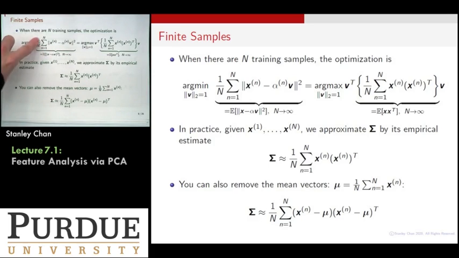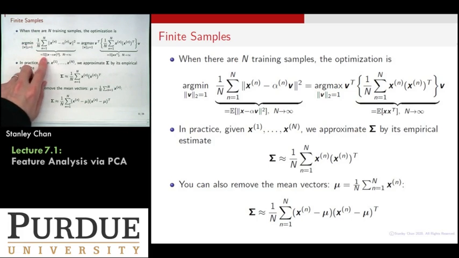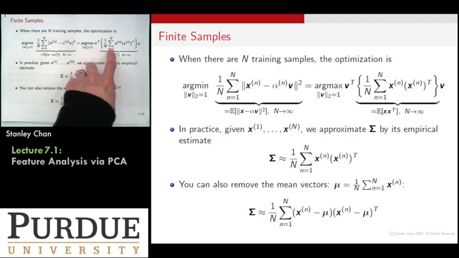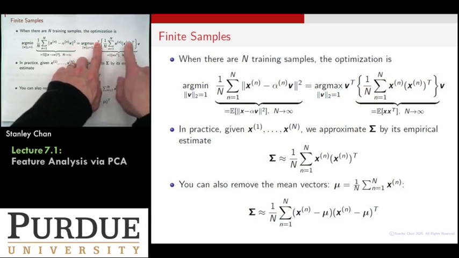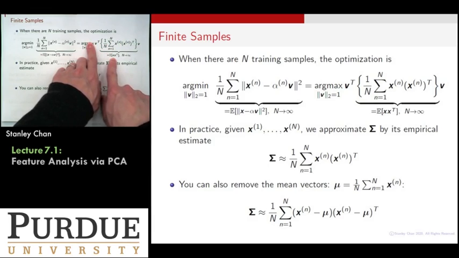And now, if you send the limit of n going to infinity, then you are essentially taking the expectation over all the possible x to solve this problem. Then equivalently, on the right-hand side, the problem that you're solving is that you can look at the inner matrix. This is the empirical covariance matrix. And if you send n going to infinity, that will give you the expectation of that X transpose.